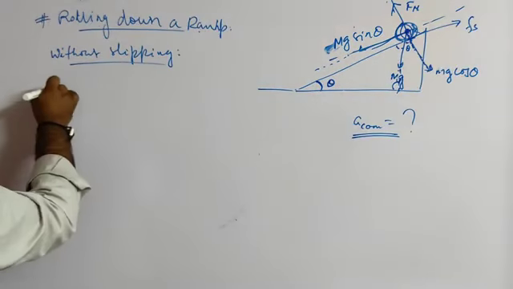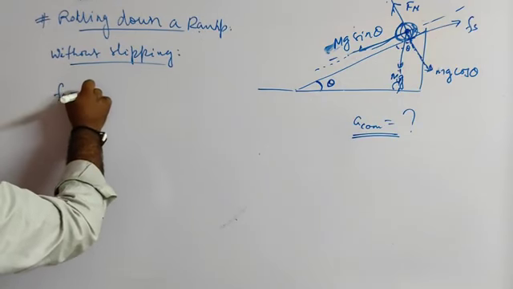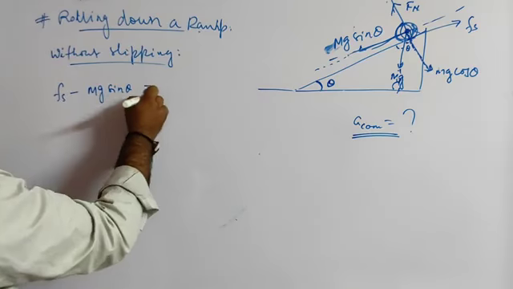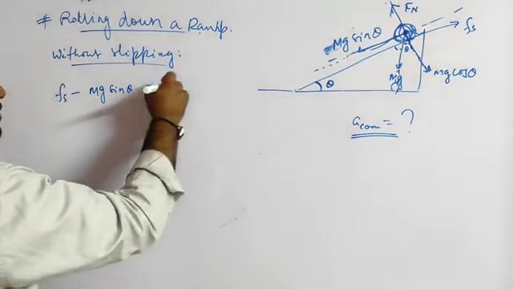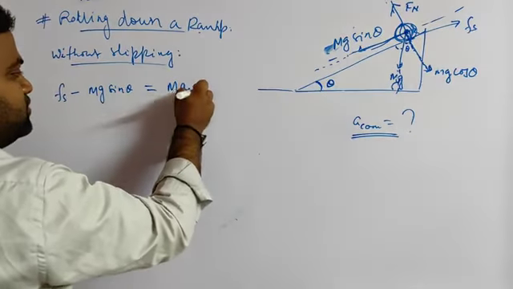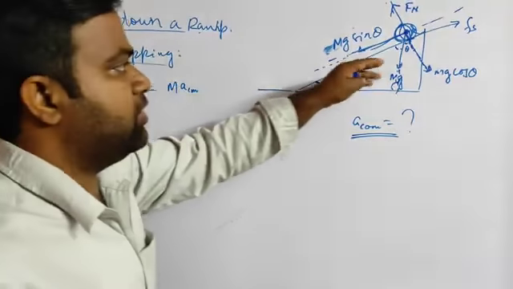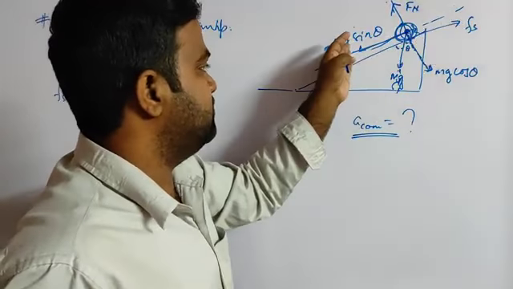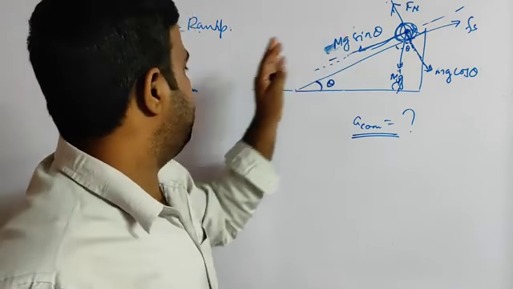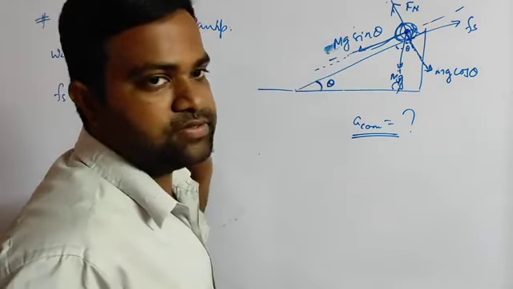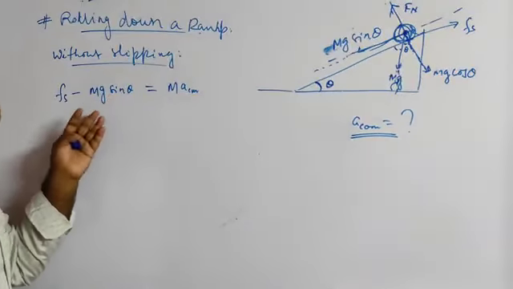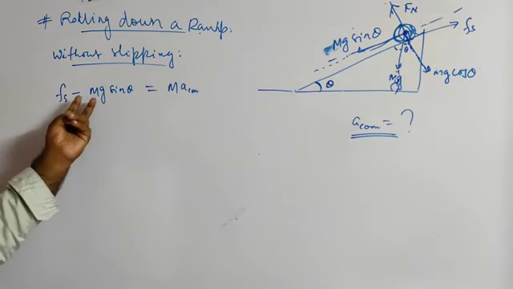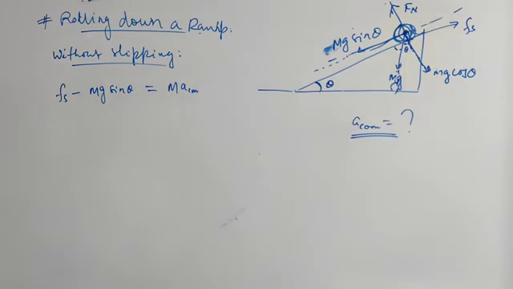So I will write the equation balancing the x direction: Fs minus mg sin theta is equal to m a of the center of mass, because Fs and mg sin theta are opposite in direction. This is from the second law: the net force is equal to mass into acceleration.